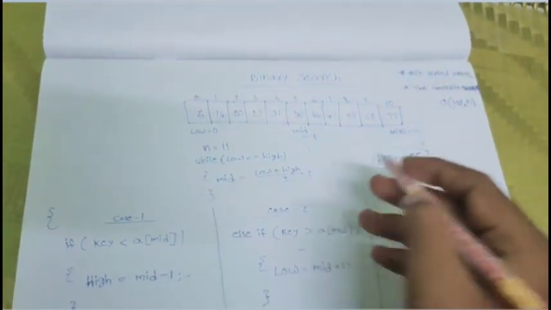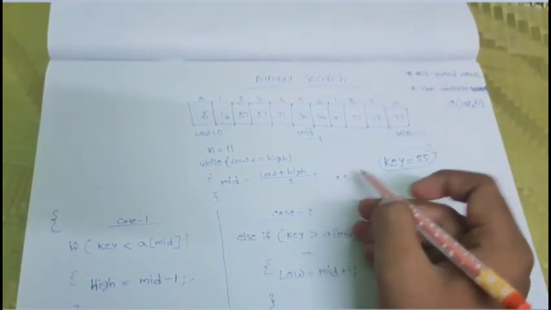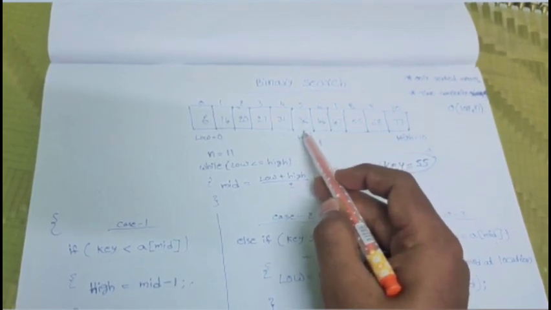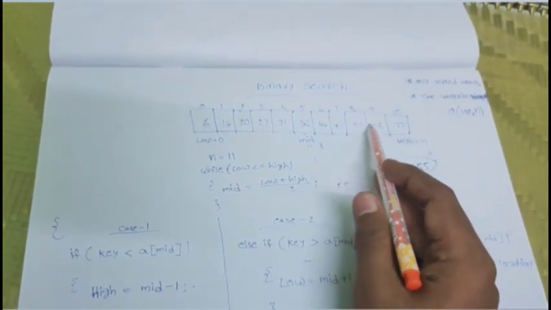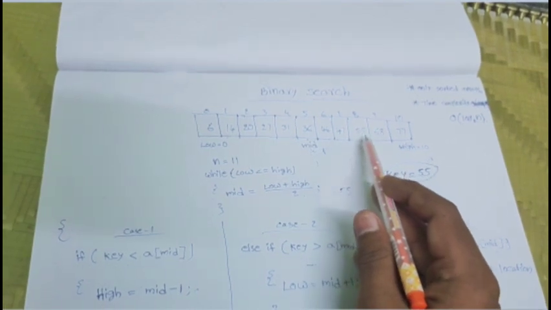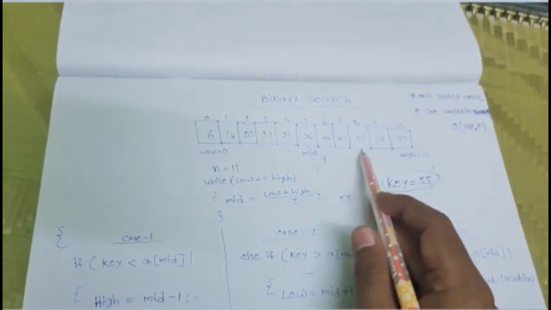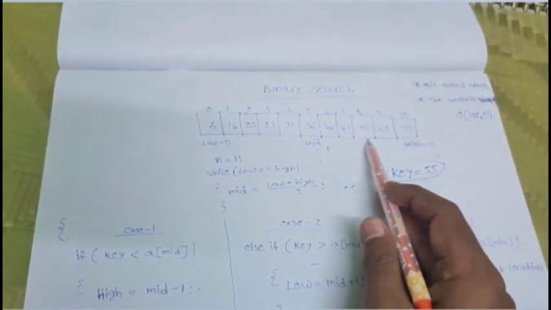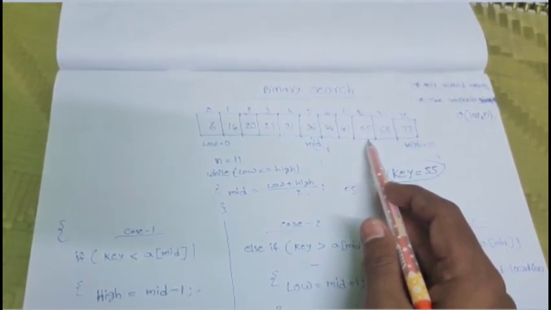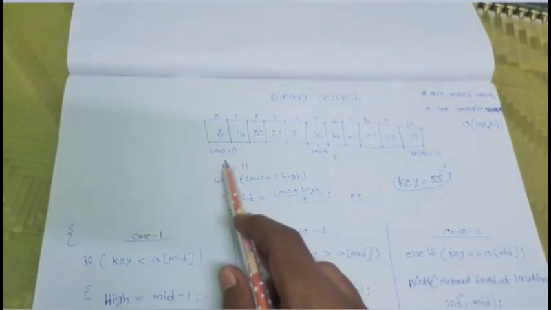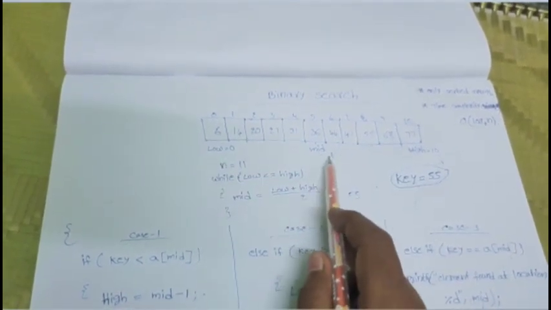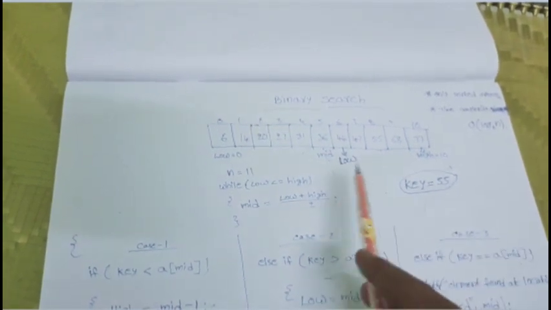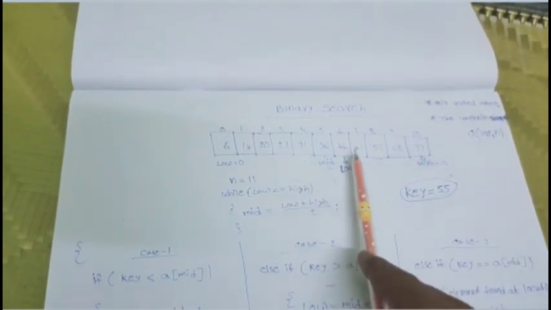Mid value becomes 5, where mid is here. Since our required element key is 55, which is greater than A of mid, now we have to change the low value as mid plus 1. So the low value becomes mid plus 1, which is 6.